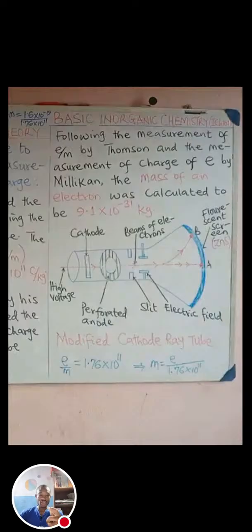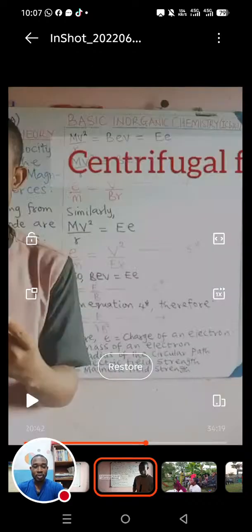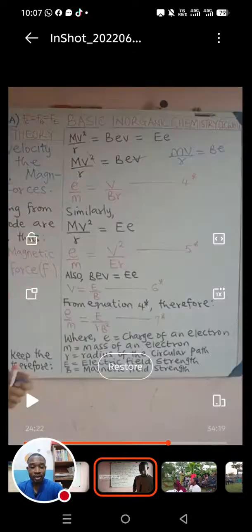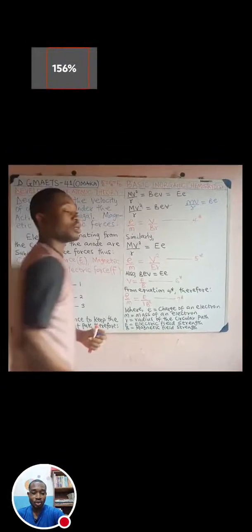If you expose it to a magnetic and electric field, what will happen? This relationship between magnetic force, electric force, and centrifugal force can help us to calculate this velocity. And of course, I'm going to hold a special class on that, so you learn more about these equations.